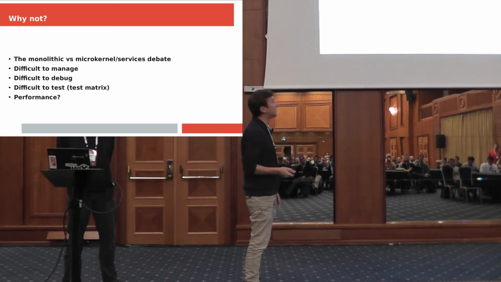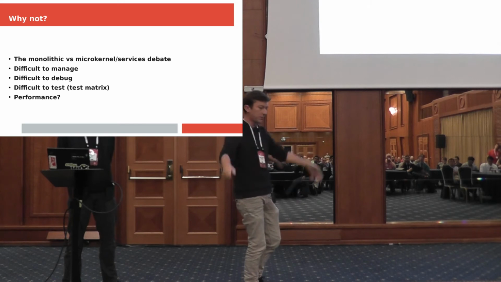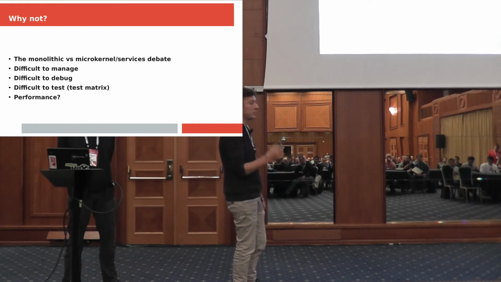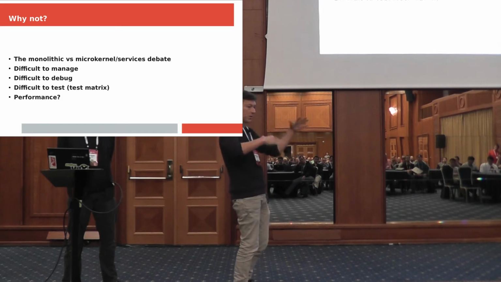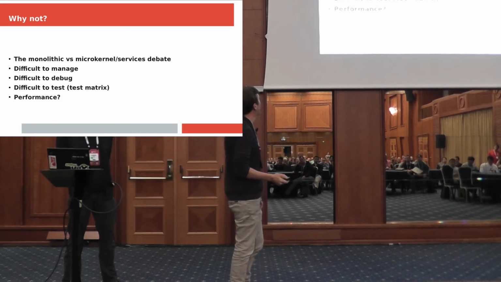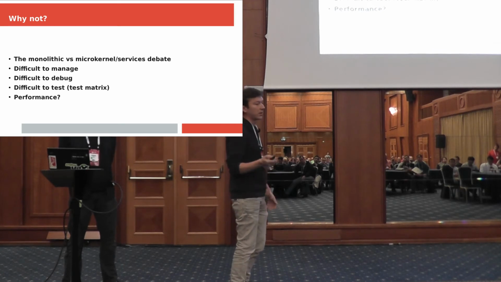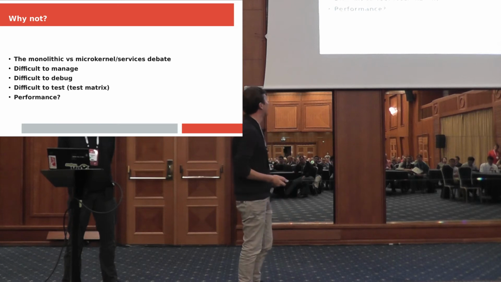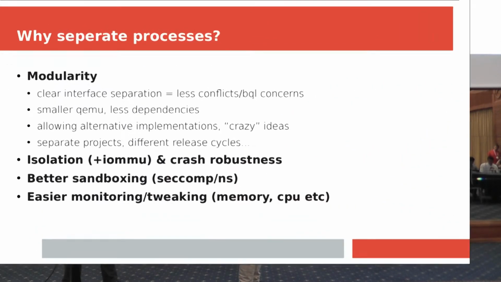And yeah, it's difficult to manage because we've got lots of processes to manage. Difficult to debug, obviously, for a developer. It's not just one process you can put under GDB. Difficult to test because if you have a combination of versions and so on, this is a lot of trouble. And some people are concerned about performance, and today, yeah, it's probably a concern in some cases.